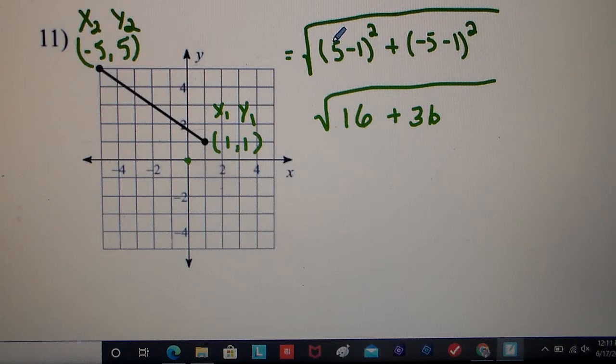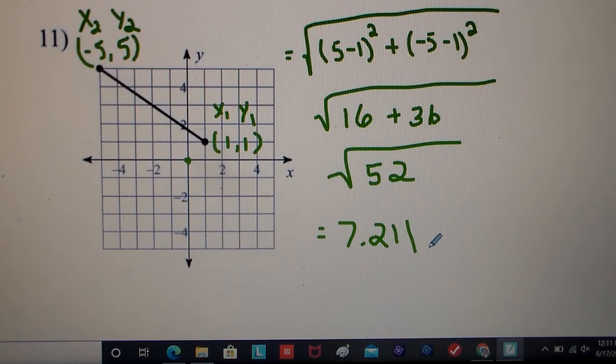I should be a little more clear. 5 minus 1 is 4, and 4 squared is 16. So that's how I got that 16. 16 plus 36 gets you 52. And the square root of 52 is 7.211. And then it looks like it's an irrational number. It goes on and on.